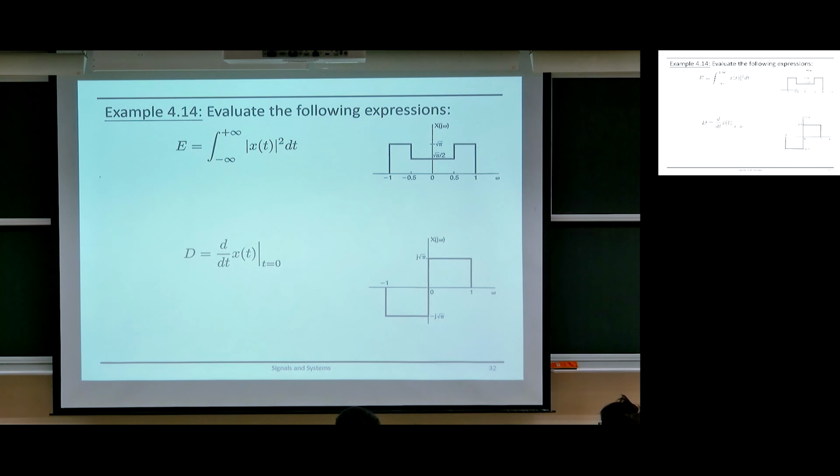So in fact, by Parseval's relation, E is equal to 1 over 2 pi times the integral of the absolute square of the spectrum, d omega.